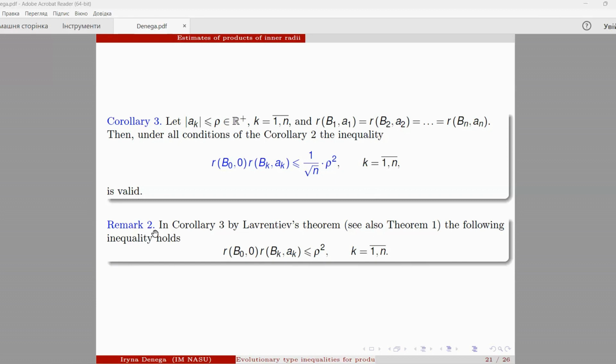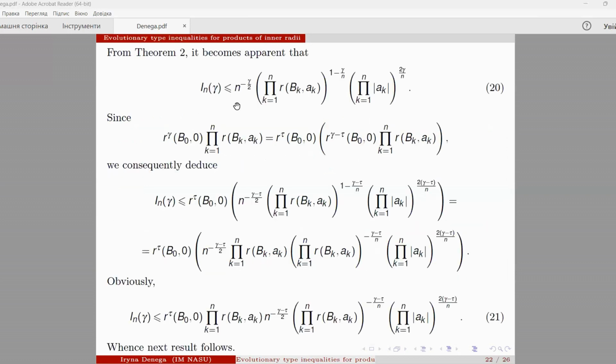And in remark 2, corollary 3, by the Lagrangian theorem, we have R(B_0, 0) R(B_k, r_k) is less than or equals rho squared for every k from 1 to n.